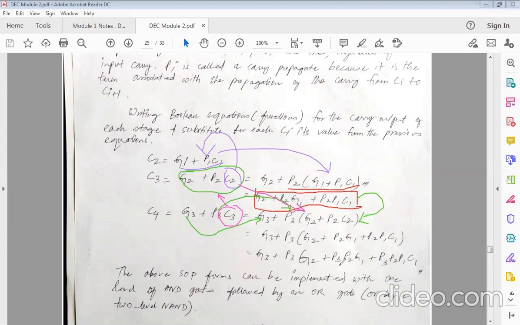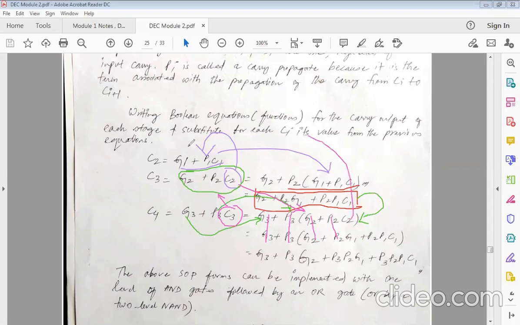I will take the previous equation, which I've put in the red rectangular box. So G3 is coming here as it is. P3 is also coming here as it is. G2 is coming here. Then P2 into C2. Now I will take the help of the C2 equation. What is the C2 equation?